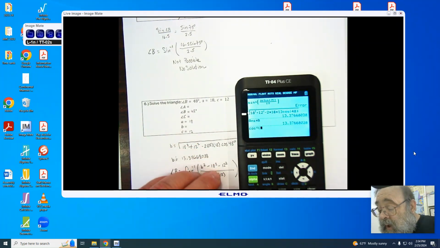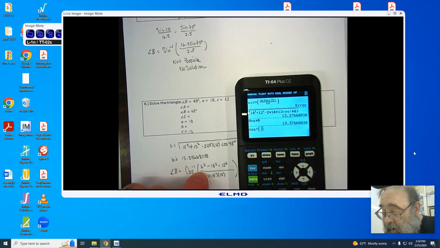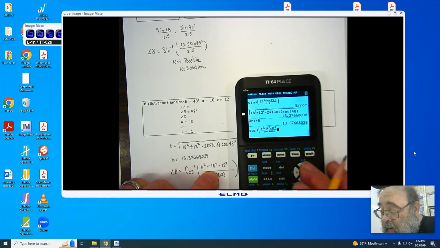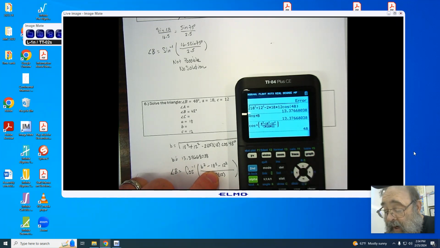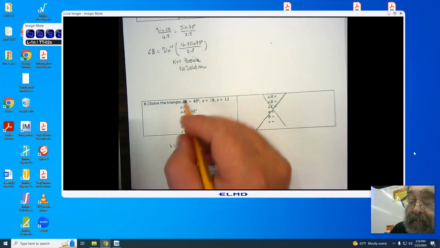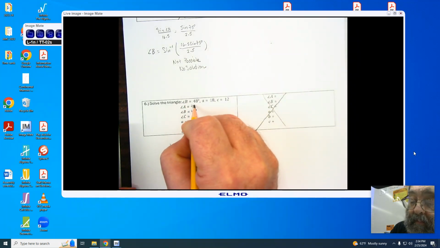Second function cosine, alpha y equals, gets me the fraction, and I'm now putting in alpha B squared minus 18 squared minus 12 squared divided by negative 2 times 18 times 12. I'm now hitting enter, and I get 48 degrees.